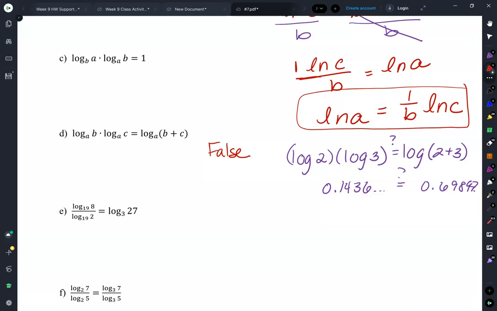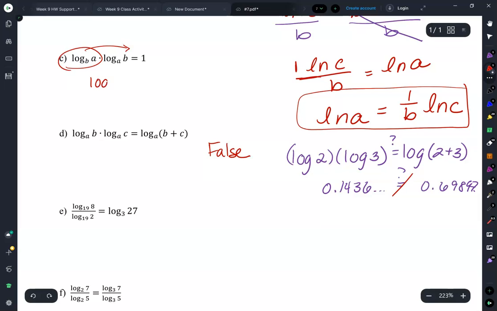Another little tip on C, you could use the property where you can pull that up to be an exponent and then see if you can whittle that down to be equal to 1. So I'll just get you started on that. Look for some properties where this would make sense to be able to get that down to 1.